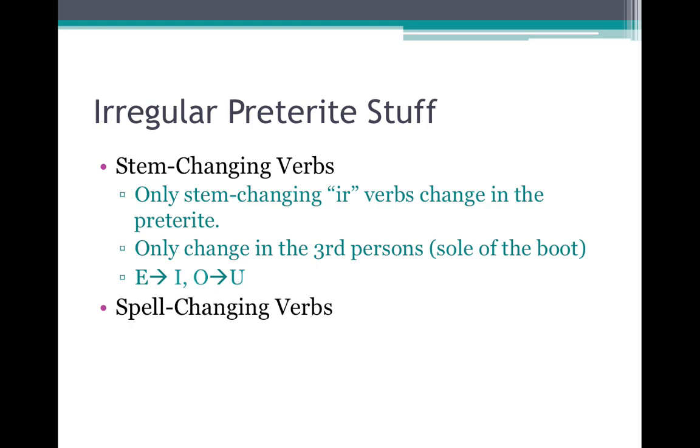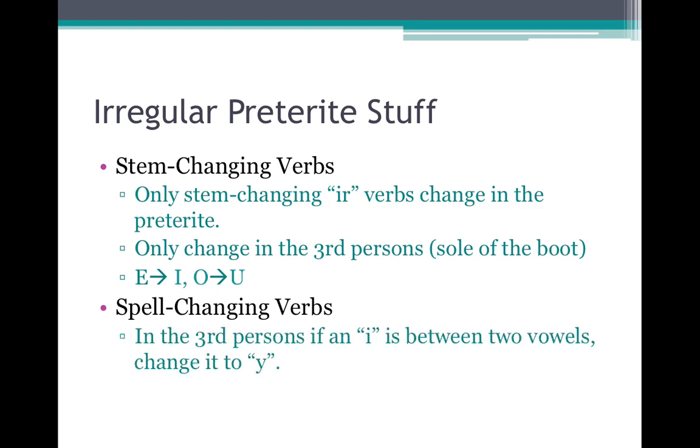The two types of stem changing were E to I and O to U. So dormir, for example, in the present tense, it's normally O to UE, but in the preterite it changes O to U. So it would be dormí, dormiste, and then the slipper, durmió, dormimos, no stem change, and then again stem change, durmieron.